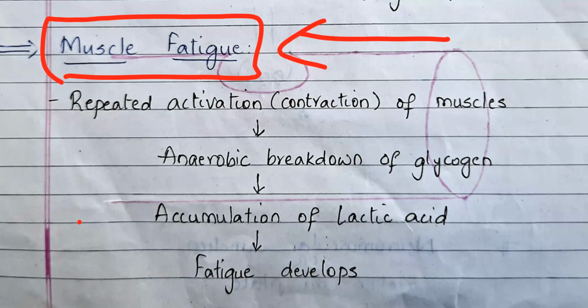Exactly. So I am going to explain two things over here. Number one, why over contraction or repeated contraction of muscle leads to the fatigue. And second, why the fatigue gets over within 2 to 3 days.